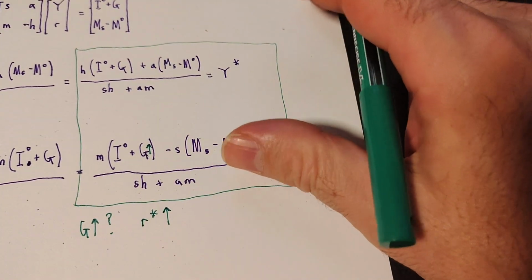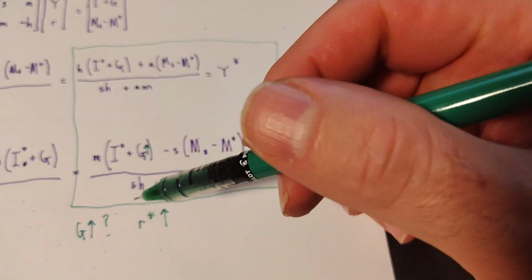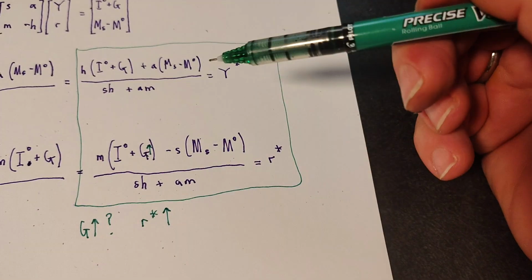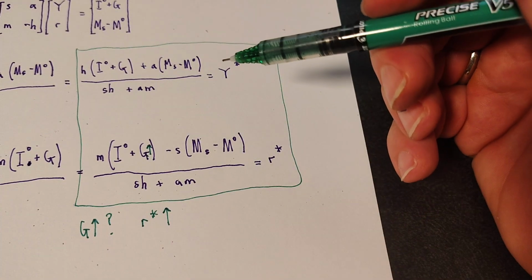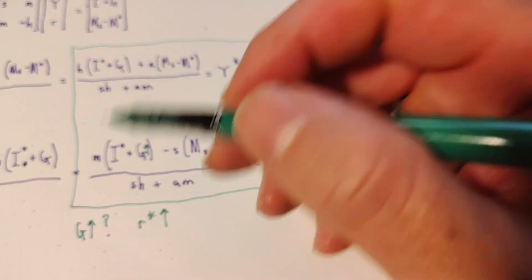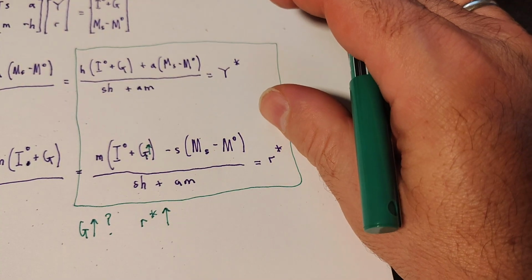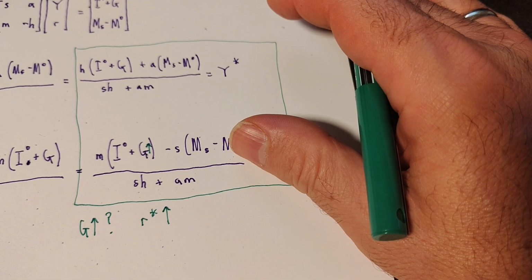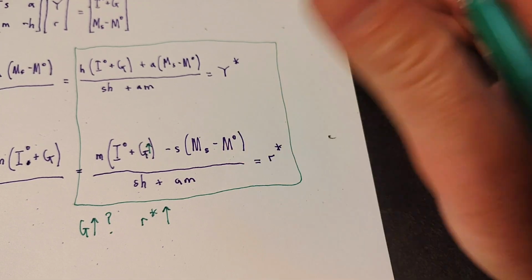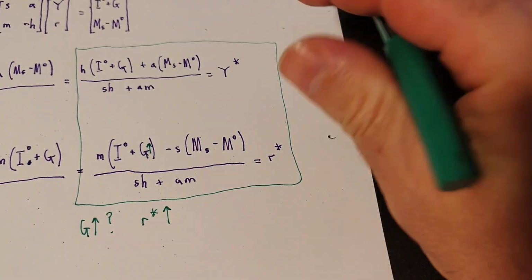This is the classical result from your macro course of government expenditure crowding out private sector investment, raising the interest rate. Usually when the government has to spend more money, it has to borrow more, so that puts pressure on the demand for financial capital. And if there's a higher demand for borrowing, that's going to push interest rates up.